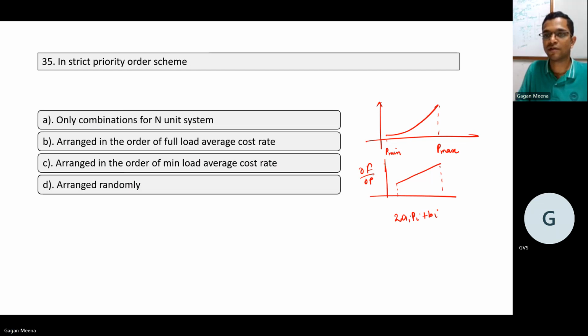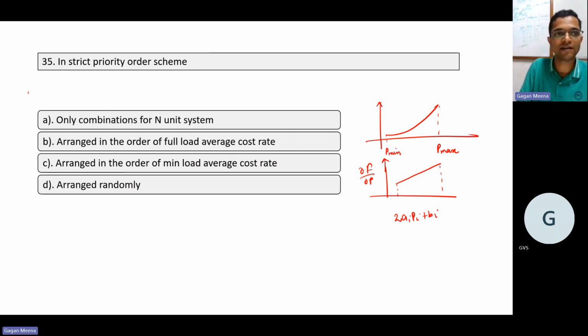Now we want to compare these generators, right? We want to arrange them in ascending order, because we want to reduce them.